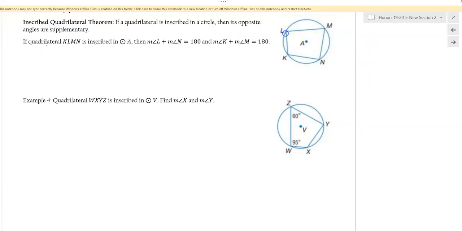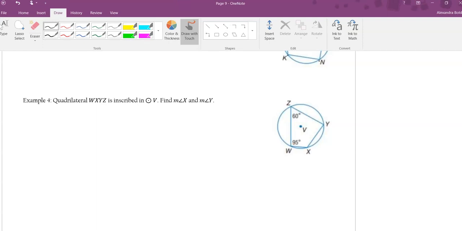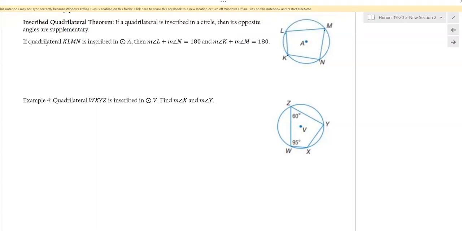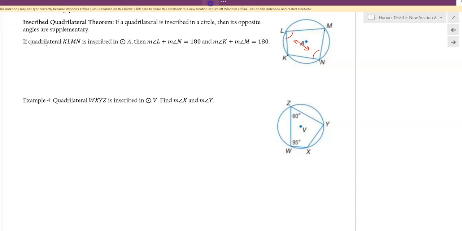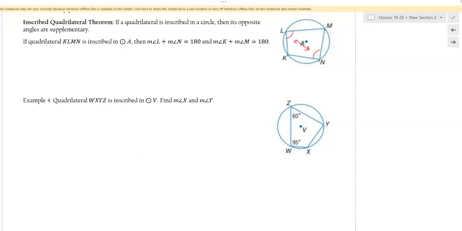Inscribed just means every point of that four-sided shape is touching the circle. So that means angle L and angle N, the ones that are opposite of each other, are supplementary. So they add to 180. And then same thing, K and M, the ones that are opposite each other, add to 180.